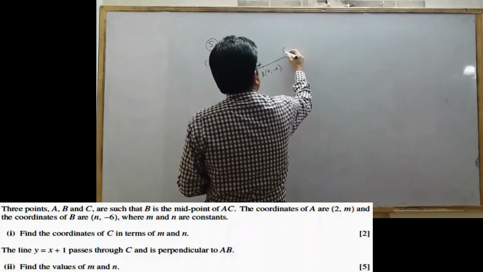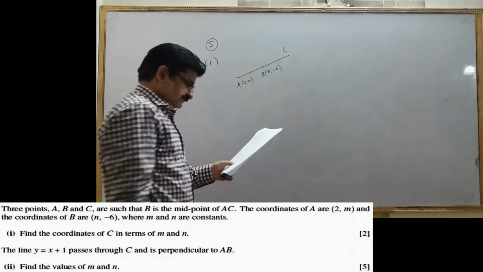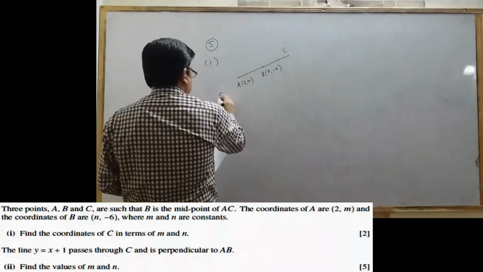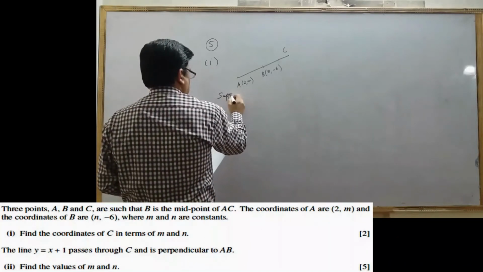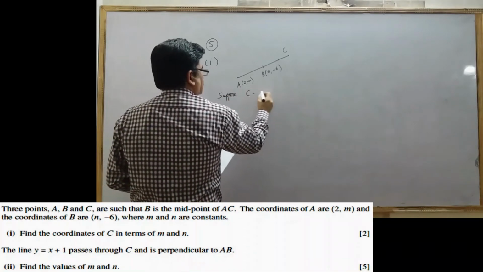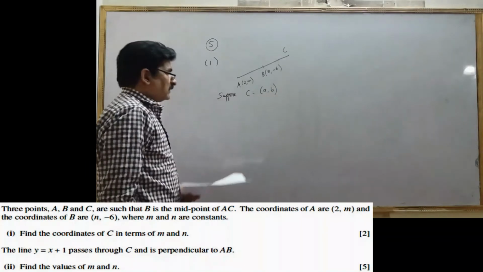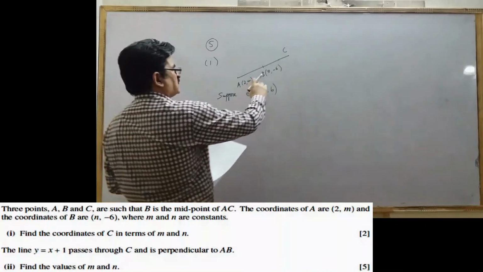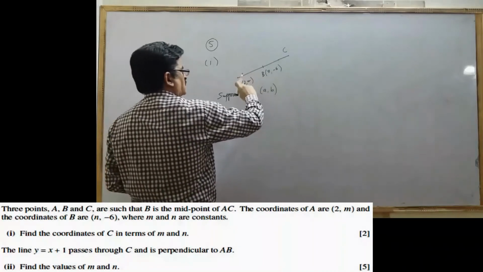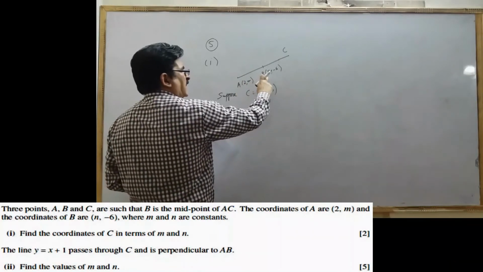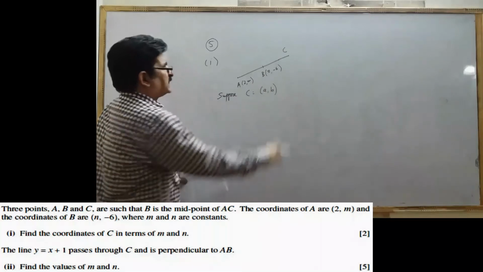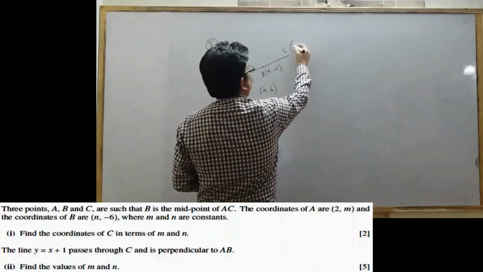This is the end point C which is not given. The situation is that you are given one end point and the midpoint, but not the other end point.